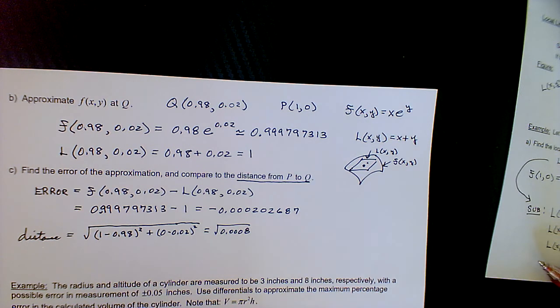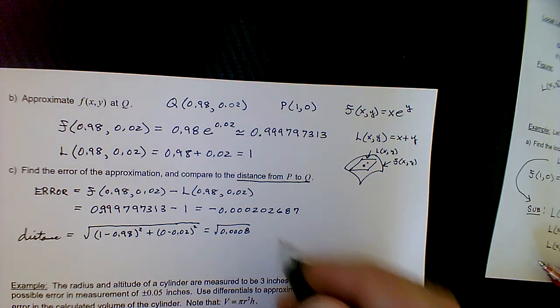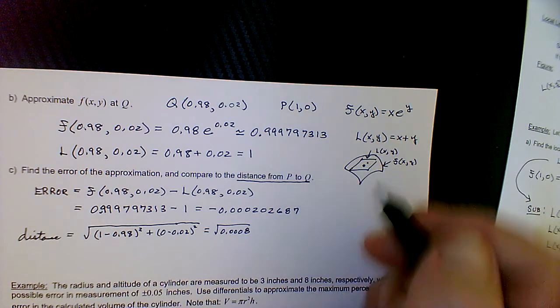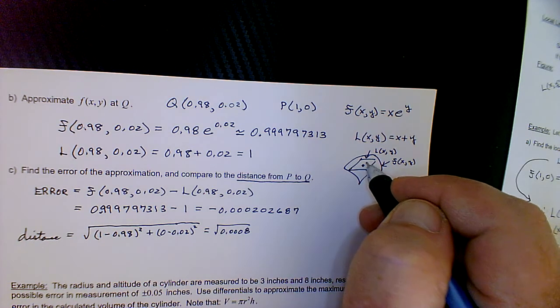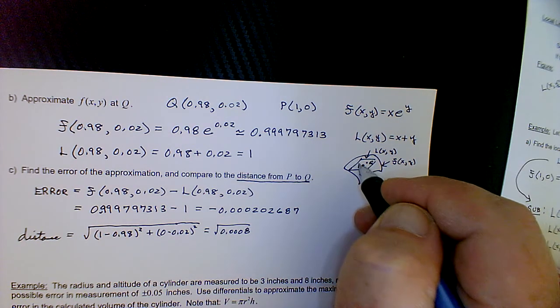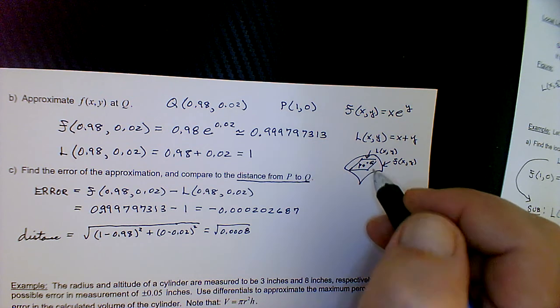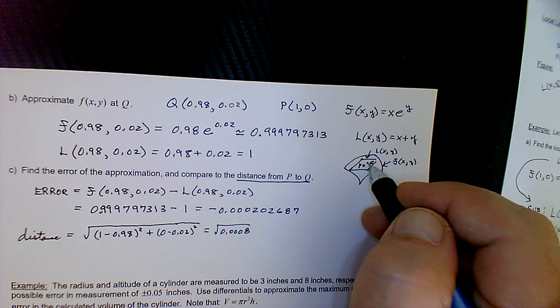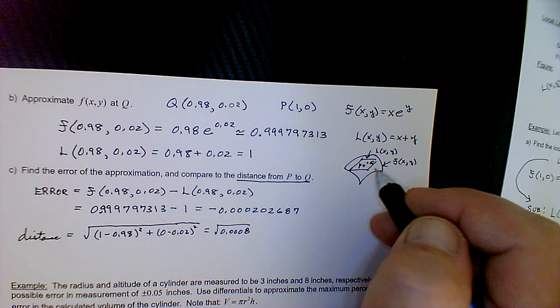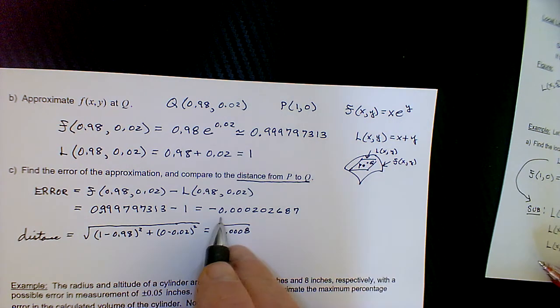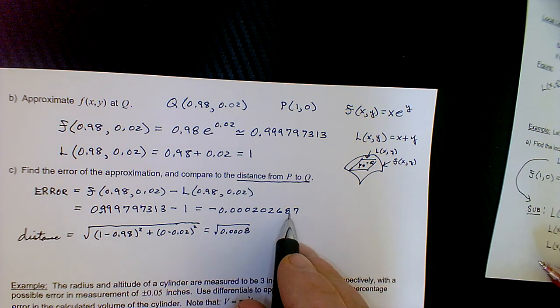And so if we make the comparison, you'd see that basically the point Q, if we call that Q and we call this P, the point Q that's on the tangent plane differs from the actual point on the surface by this amount of error.